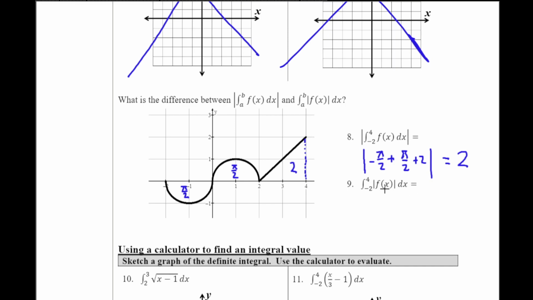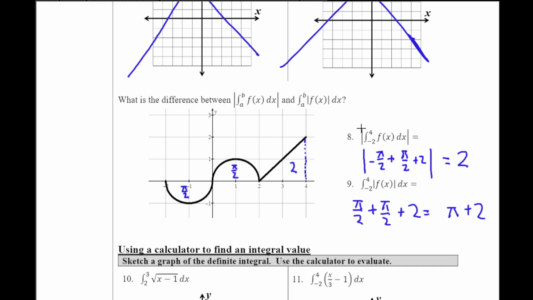However, if the absolute value is on the inside, you can think about this area being positive. Typically, this is negative, but if you take the absolute value on the inside, this turns into a positive area. So this becomes a positive pi over 2 plus pi over 2 plus 2. Pi over 2 plus pi over 2 is pi, plus 2.